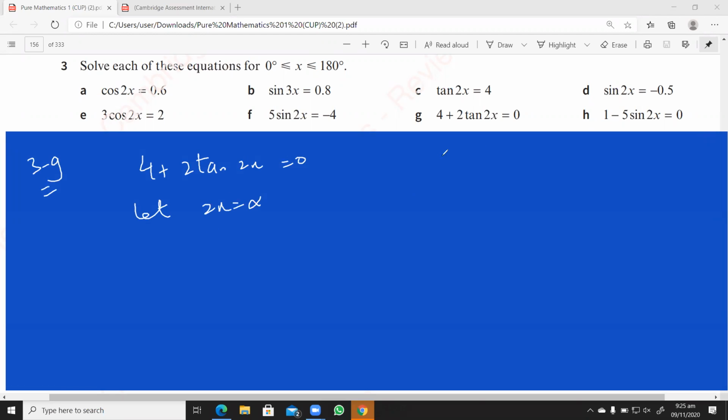My equation is now 4 plus 2, 10 alpha, equal to 0, where I should mention the limits for the alpha. The lower limit for x is 0, so the lower limit for alpha is 0, and the upper limit is going to be 360 degrees.